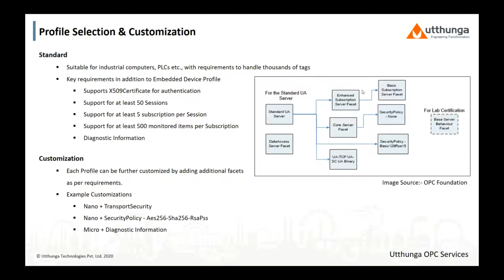And diagnostic information is part of the standard profile, but even though your device is of micro profile, you may still want to add diagnostic information to your device. All such customizations you can do while choosing your device profile.